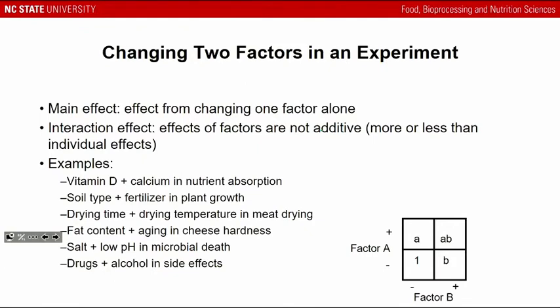And some examples of this might be vitamin D, if you're looking into nutrition, and calcium in nutrient absorption. Like if you want to absorb nutrients like proteins or fats, if you have enough vitamin D, that helps. If you have enough calcium in your system, that helps as well. But if you have both, the proper amounts of vitamin D and calcium, there's like a synergistic effect.